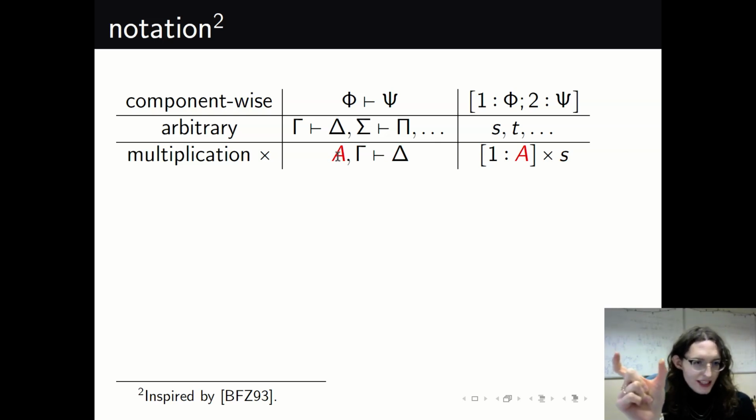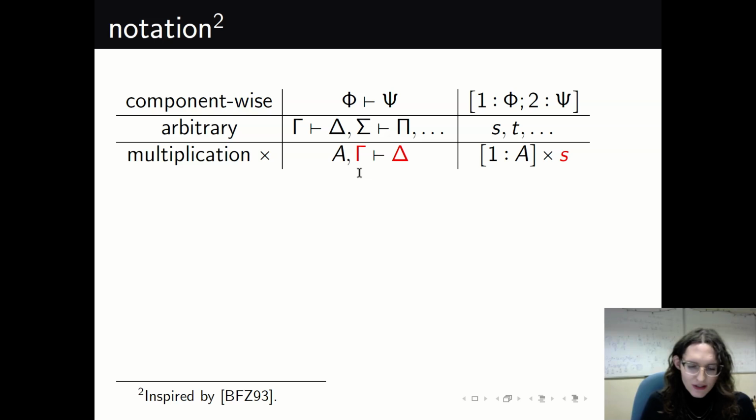So we're multiplying the sequent where A is in the first component, everything else is empty, because standardly everything else is empty unless we've specified it in a sequent. And then multiply that with an arbitrary context sequent, and we get a shortcut way of writing this relatively lengthy sequent on the left.